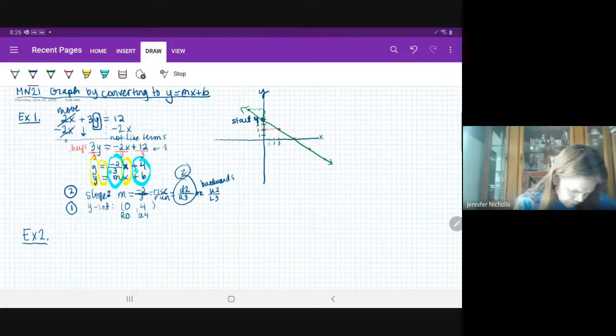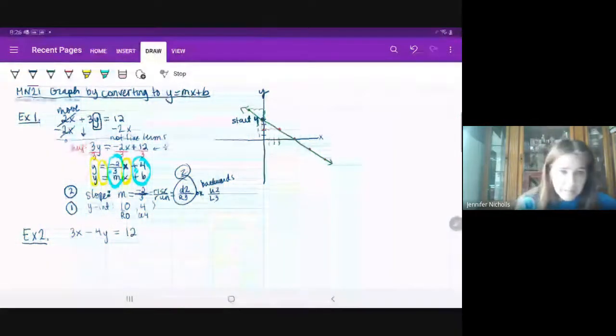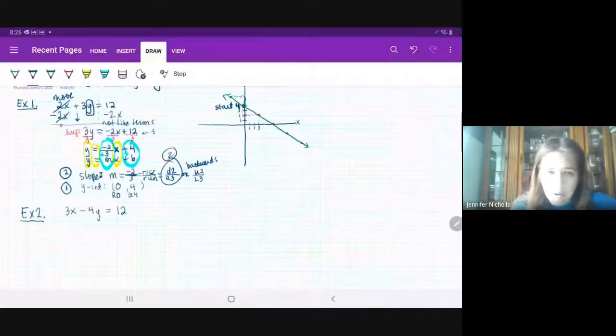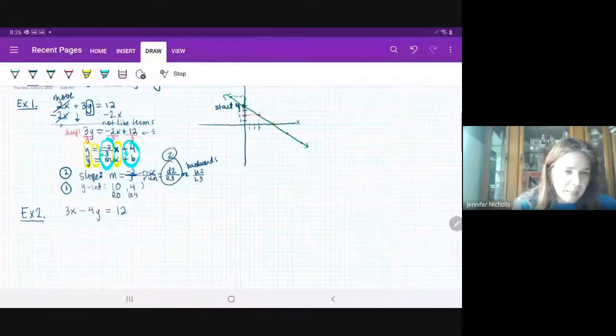Okay. So example 2, 3x minus 4y equals 12. Okay. So step number 1. Zyla, what do you think we do in step number 1? And then look at your step number 1 for example 1.